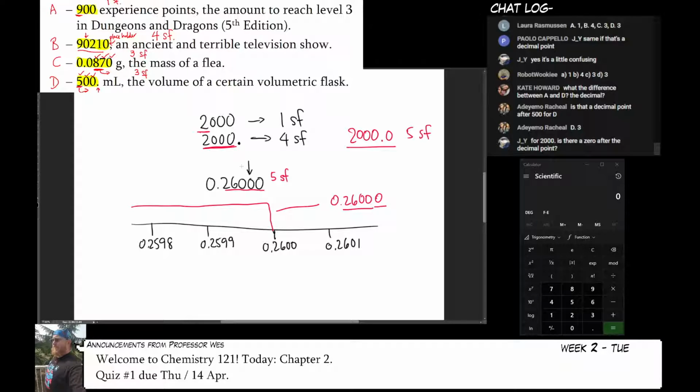So not only are you getting information about the value of the number that's written, you're also getting information about the tool used to measure it. In this case, with the 5 sig figs over here, I was able to measure down to individual ones. And then I could guess the next digit past that, which would be the tenths place. But for the 4 sig figs one, I was measuring by tens.